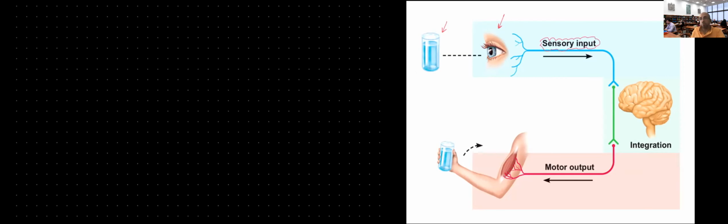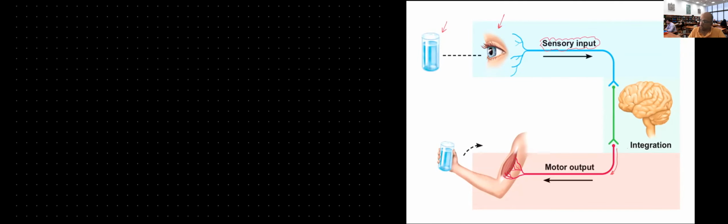Inside the brain, I would have the integration between the sensation and my memories, my motor centers in the brain. And finally, I will be responding. I'm sending out a motor output to my biceps, to my arm muscles, for them to contract and relax in a sequential pattern for me to grab this cup of water and drink.